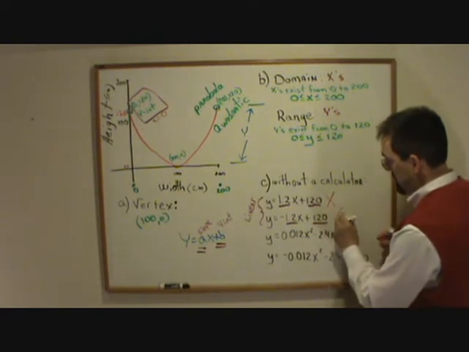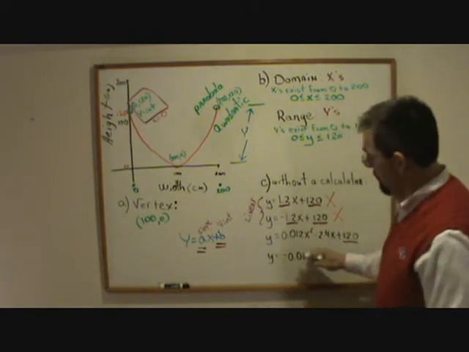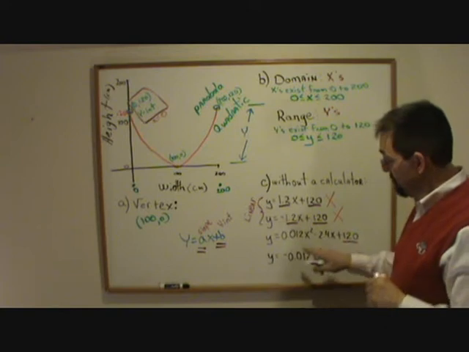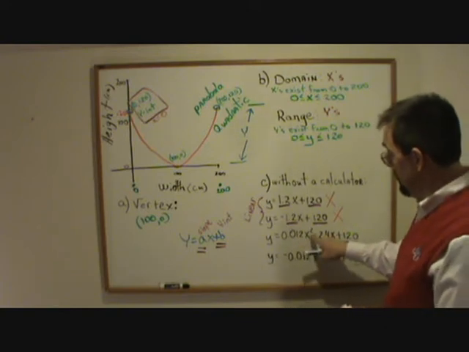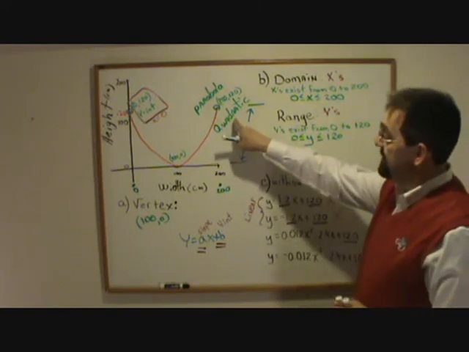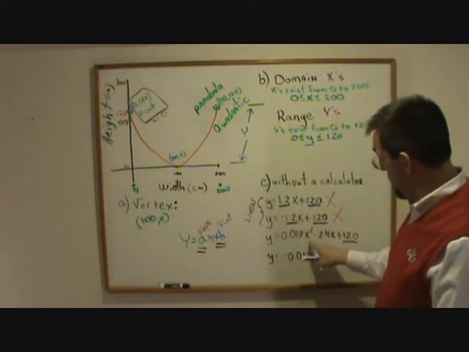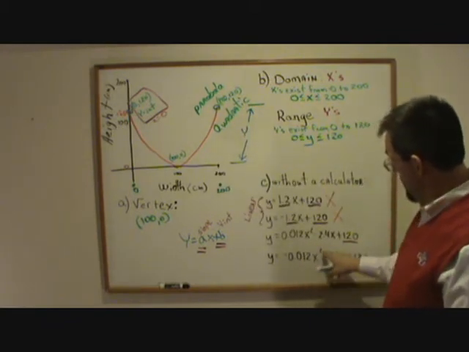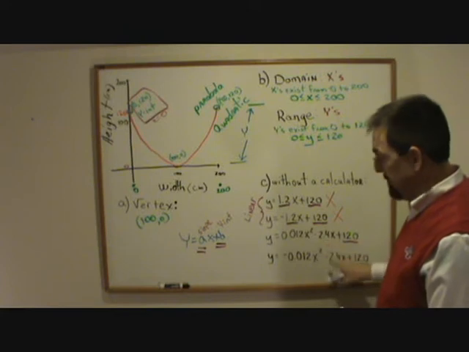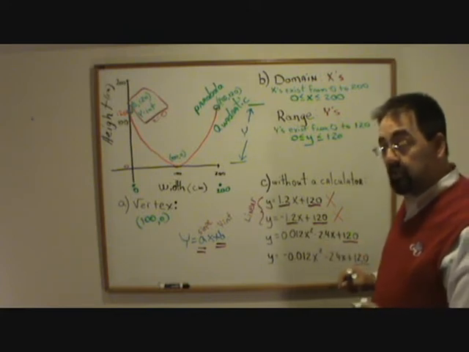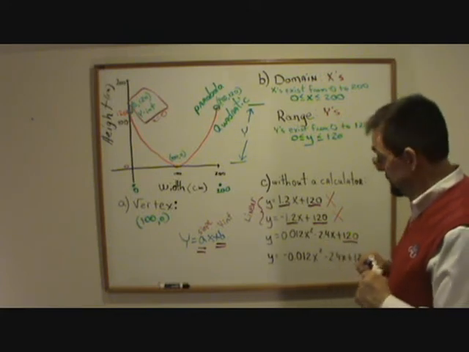Now, without the use of a calculator, this is a little more difficult. We have an x squared. Ooh, x squared. That's a parabola or a quadratic. And we got some strange factors in the middle here, minus 2.4x. We're not sure what that does.